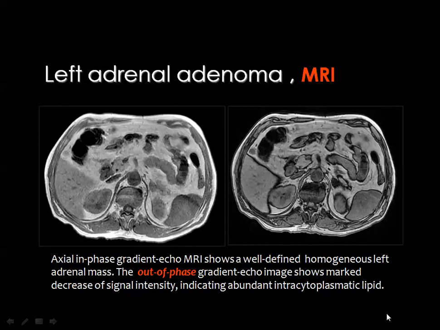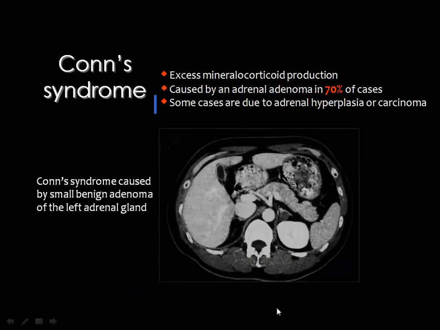Then you are in the diagnosis of lipid-rich adenoma. The Conn syndrome means that there is excess mineralocorticoids produced in the blood, and this is usually caused by a functioning adrenal adenoma in about 70% of cases.